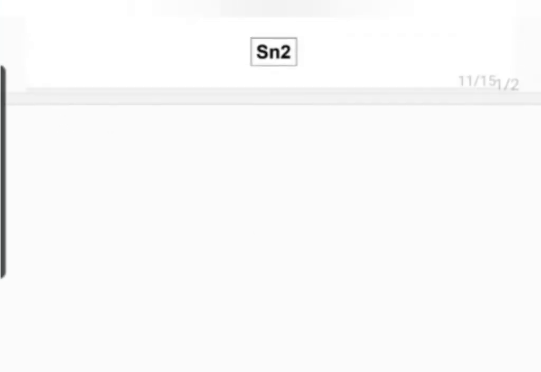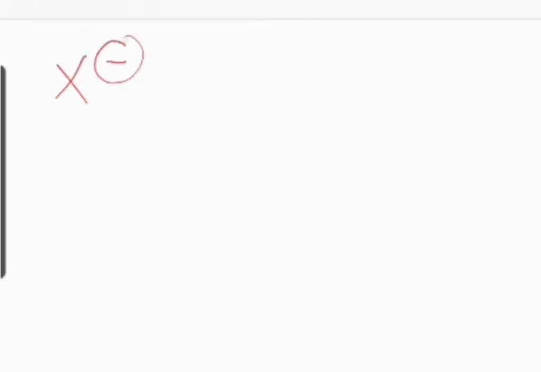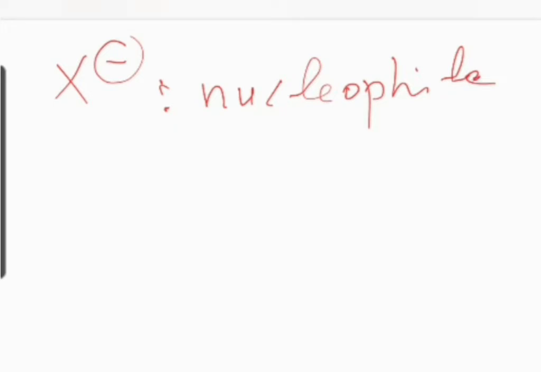So this is a nucleophile with a negative charge. And nucleophile means an element which likes to be friends. Phile is philia. Philia is friendship, and it wants to be friend with a nucleus, and the nucleus normally contains protons.